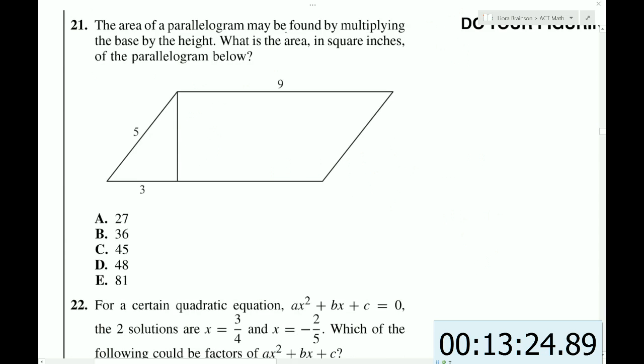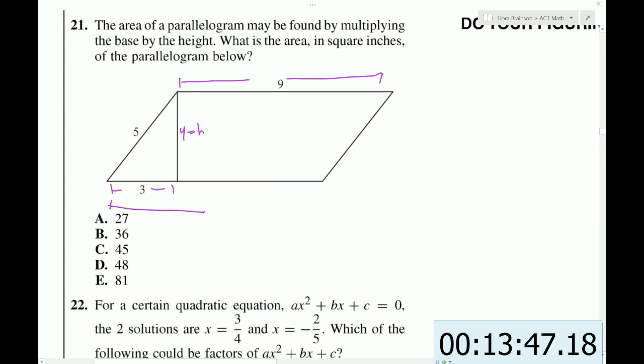The area of the parallelogram may be found by multiplying the base by the height. What is the area of the parallelogram below? So there's a missing side here. It's a right triangle. So it's a 3 blank 5. It's good, 3, 4, 5. So that's our height. Notice we don't want the slant height. We want the vertical that's perpendicular to the base. Now, if this is 9 and then this is 3, right?